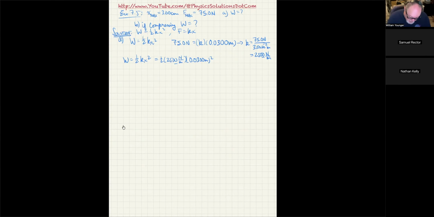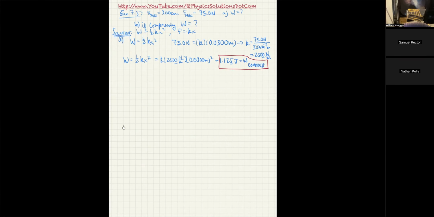So when I do this math, it's 0.5 times 2,500 times 0.03 squared, and that gives me 1.125 joules is equal to the work in stretching. And obviously, we only had three sig figs, so we'd have to call that 1.13. Or your book only used two sig figs, so they call that 1.1.